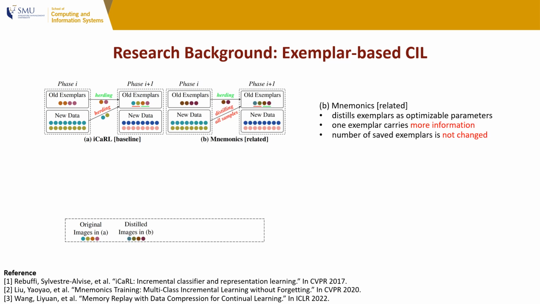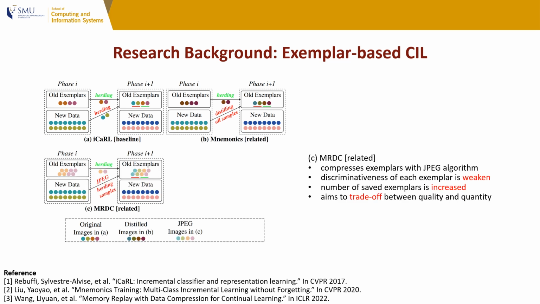The following works propose to optimize the memory in terms of exemplar quality or quantity. Mnemonics directly optimizes the image tensor so that one exemplar carries more information, while the number of saved exemplars is not changed.